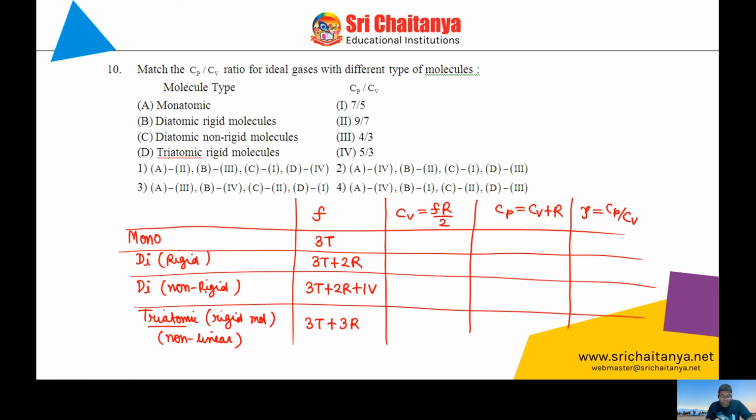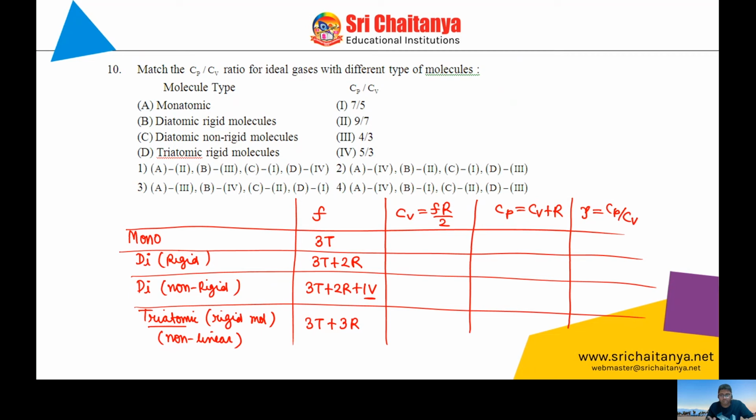You need to understand from the rigidity, if the molecule is rigid, it is not free to vibrate. So a rigid molecule will not be having vibrational degree of freedom, but a non-rigid molecule will definitely have. And also you need to understand that each vibrational degree of freedom can store energy in two ways. One vibrational degree of freedom comprises the kinetic energy as well as the potential energy also.